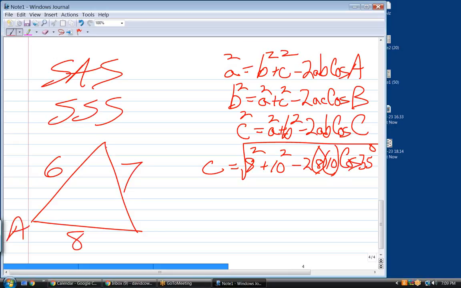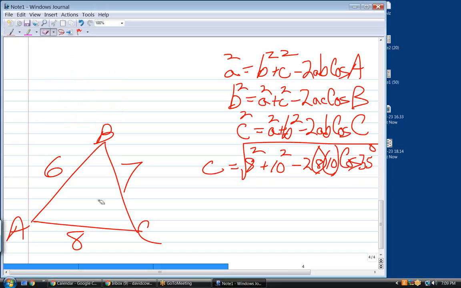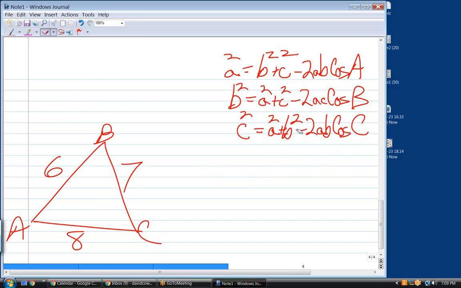Well, if I can solve for one of these angles, I'll be home free, right? Because once I get one of the angles, I can finish solving the triangle using the law of sines. So I can pick any of these three and solve for the angle.